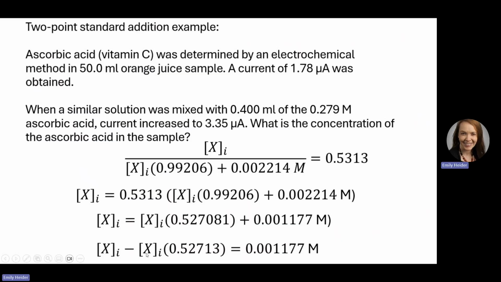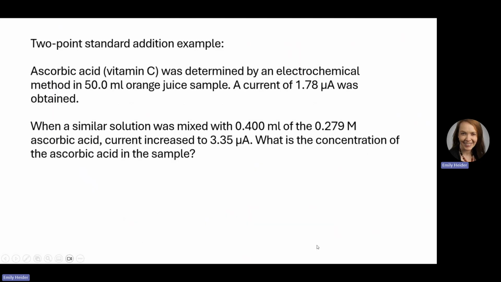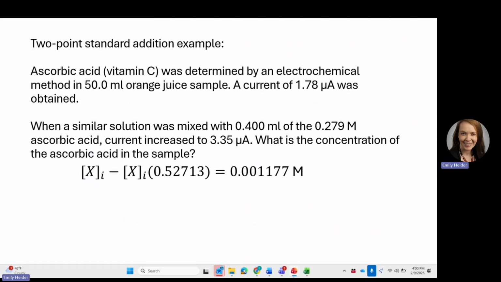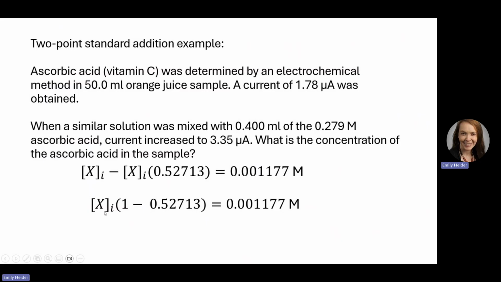And our x sub i minus x sub i times 0.52717 is going to equal this concentration of ascorbic acid. So now I just factor out the x sub i and solve for x sub i, and I find that the ascorbic acid concentration in just the orange juice before adding any standard to it is 0.00249.